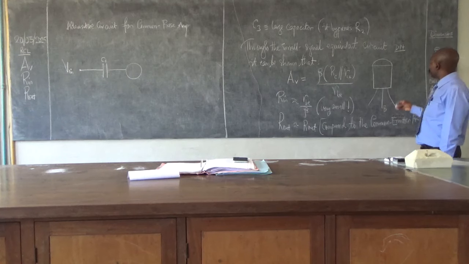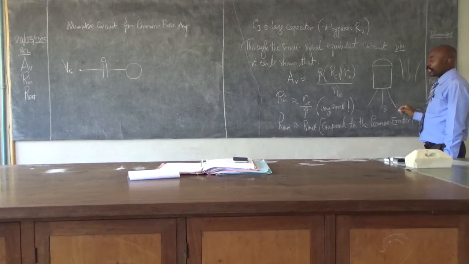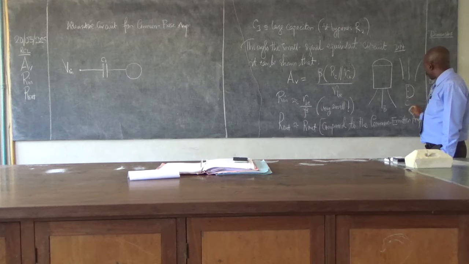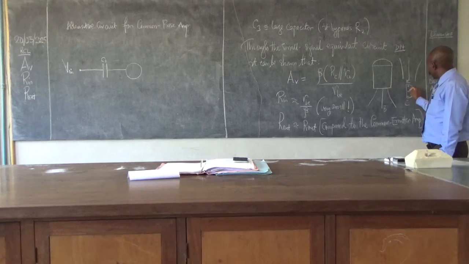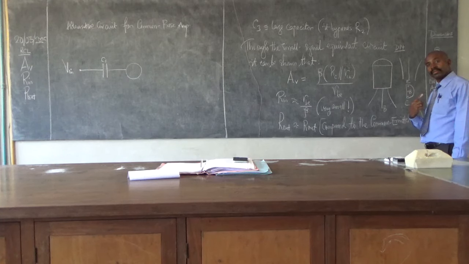If you look at it with its legs up, then the curve is like this. Then these 3 holes will be collector, emitter, and base. This is if the legs are facing you.